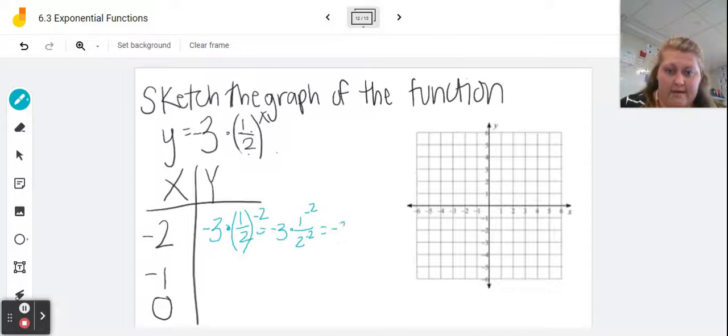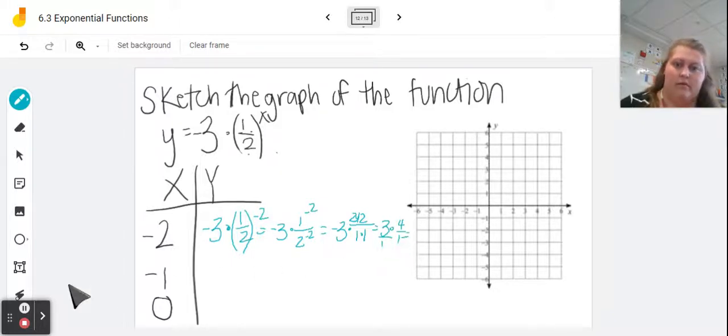So I have -3 times 2 times 2 over 1 times 1. 2 times 2 is 4, and 1 times 1 is 1. So it's really 3 times 4 over 1, which gives me 12 over 1. So my ordered pair is -2, 12.